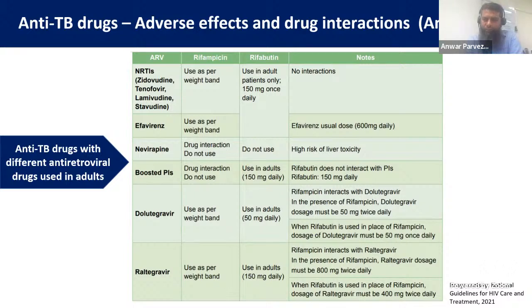But in case of rifabutin, if we are giving it to the patients, we give that as 400 milligram twice a day. I know rifabutin is not available these days in almost all of the ART centers and programs. But if we have to use rifampicin, this is how we use it along with these medications.